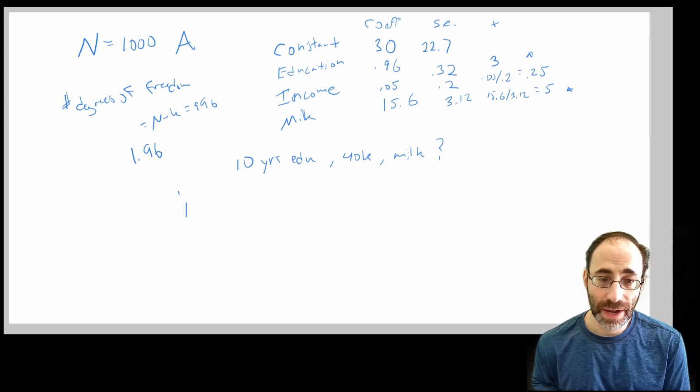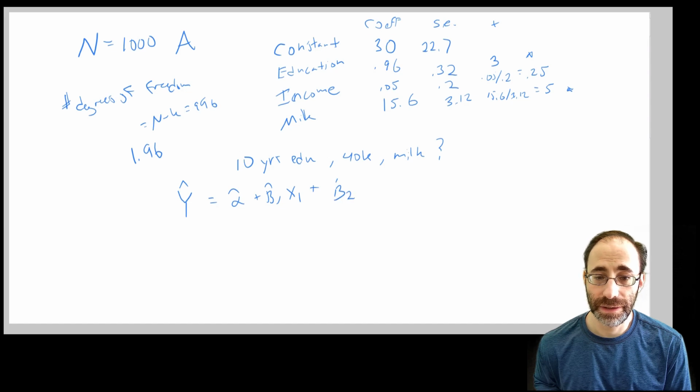Well, our prediction here is y hat. In general, it's going to be the estimate of the constant plus the estimate of the coefficient for variable 1 times some value for that variable, plus same for 2 times that variable, plus same for 3 times that variable.